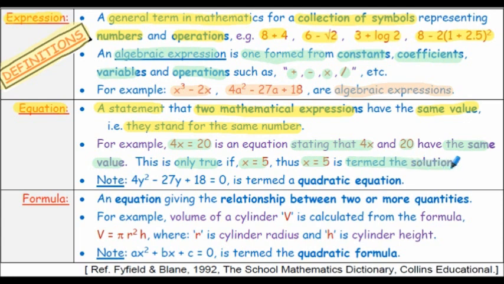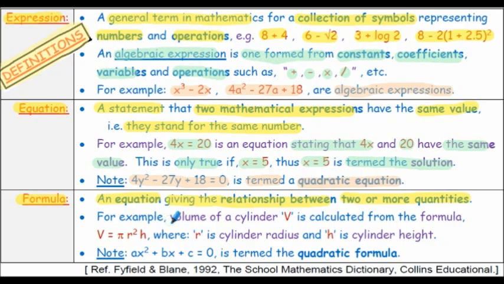to the equation. Note for reference that 4y squared minus 27y plus 18 equals 0 is termed a quadratic equation. And define formula. A formula is an equation stating the relationship between two or more quantities.